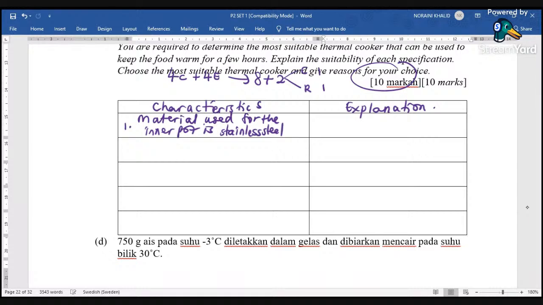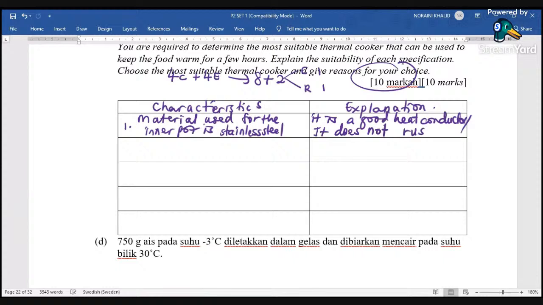What is the explanation for this? Stainless steel is a good heat conductor, or you can write other reasons, maybe: it does not rust, or it is a stronger material also can.